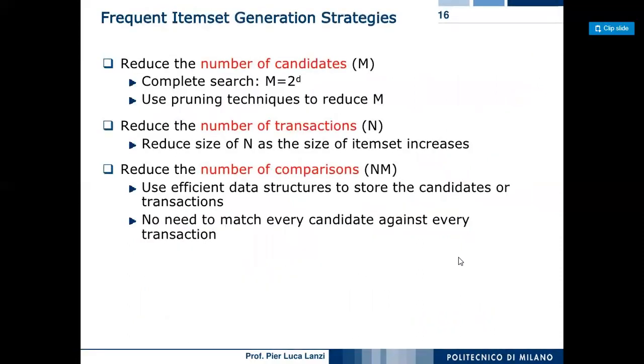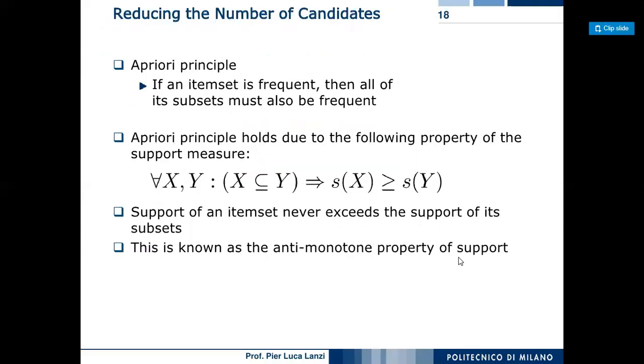First of all, we should reduce the number of candidates. To reduce the number of candidate sets, we use the number of transactions and reduce the number of comparisons. Then came the a priori algorithm, which solved the problem.